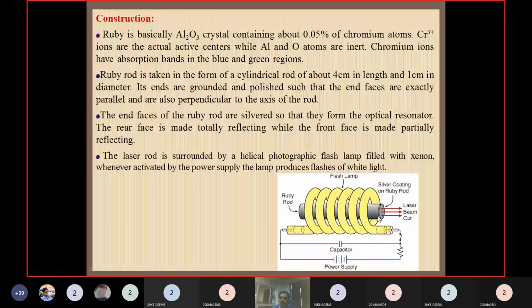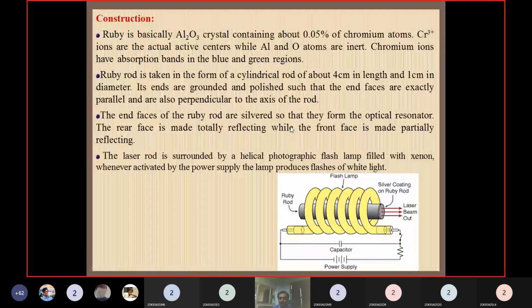Now, the end faces of the ruby rod are silvered so that they form the optical resonator. The rear face is fully silvered, and the front face is partially silvered.